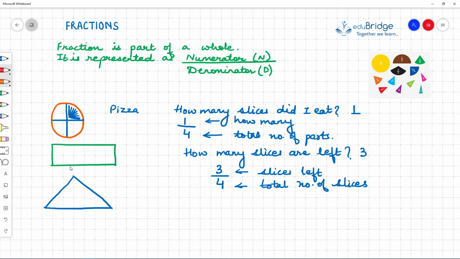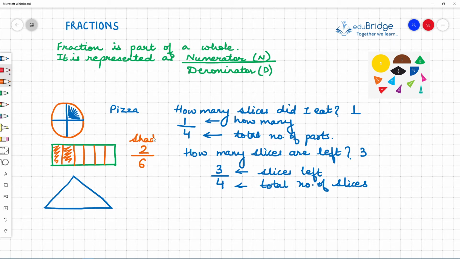Let's take another example. So we have a rectangle and I'm going to divide it into, let's say, 1, 2, 3, 4, 5, and 6 parts. So what are the total number of parts here? 6. Let's say I shade 2 of them. And now if I ask you how many parts are shaded, it's 2 by 6.